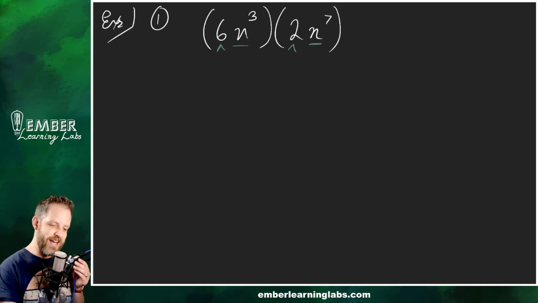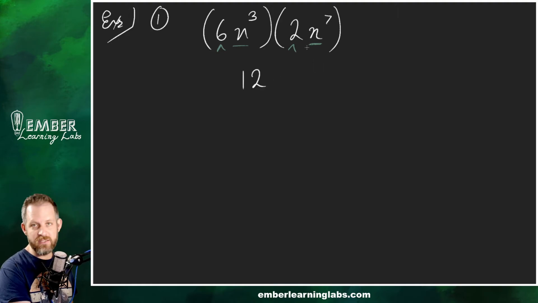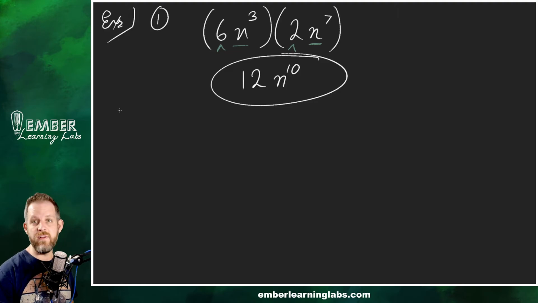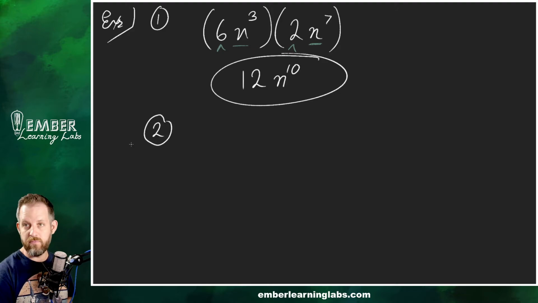And so 6 times 2 is 12. And then we've got like bases multiplied, so we add the exponents. So 3 plus 7 is 10. So this turns into 12n to the 10th.